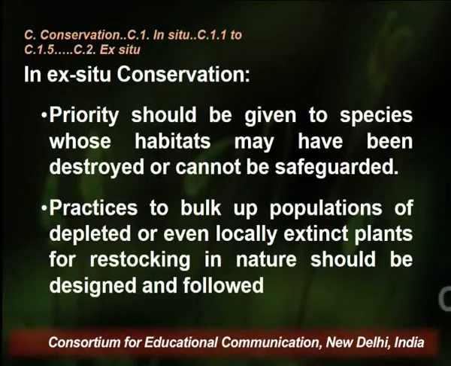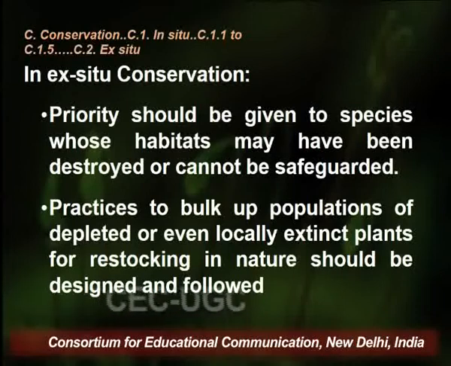Now we will move on to why ex situ conservation is being done. In ex situ conservation, priority should be given to the species whose habitats may have been destroyed or cannot be safeguarded.